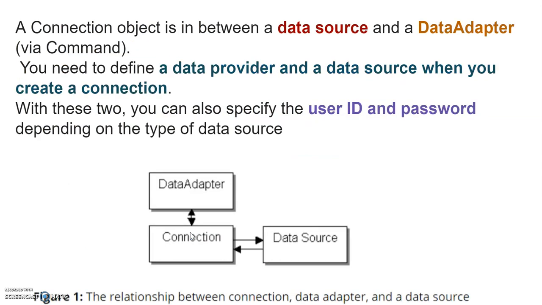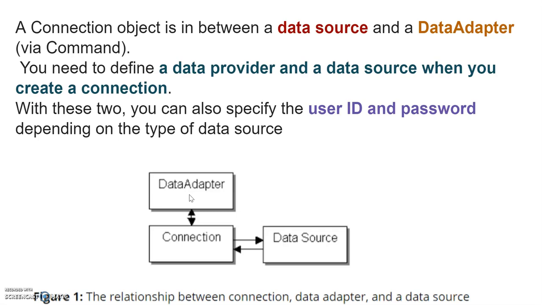Now once the connection has been established, this picture shows a data adapter connected to the connection object, and this connection object is connected to the data source. Here you can see the connection is in between the data adapter and the data source. Now the data adapter gives instructions in the form of commands. Now what are these commands? You have learned about SQL commands.